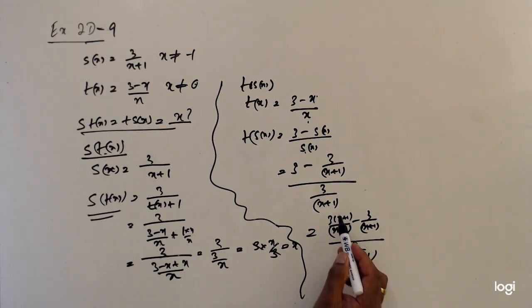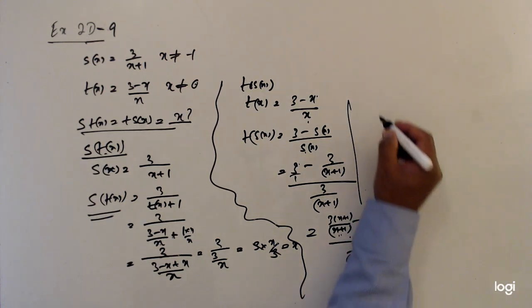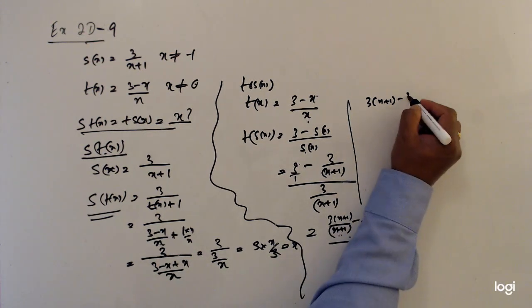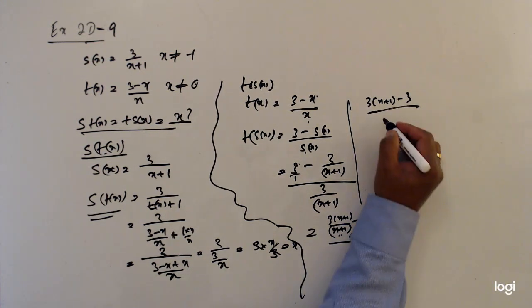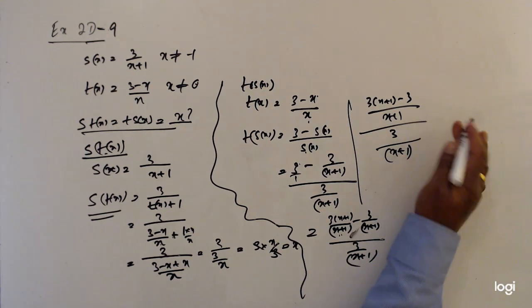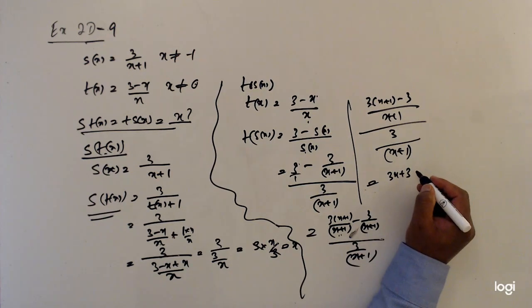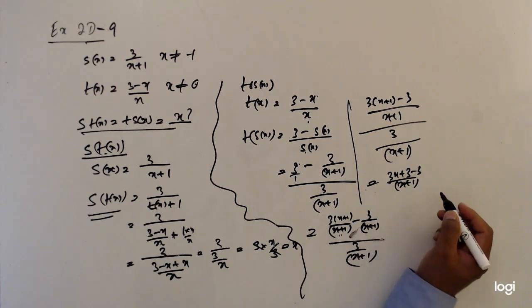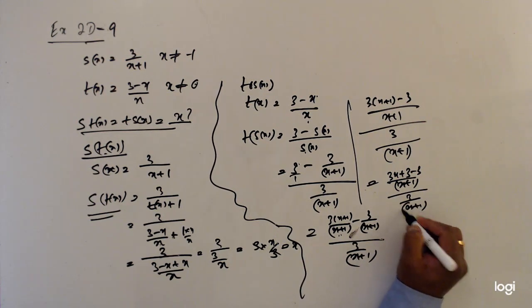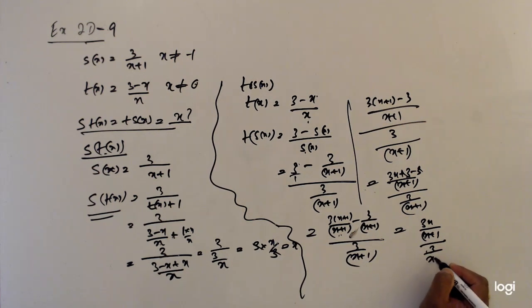Now you can see that I'm going to make the denominator the same: 3(x plus 1) minus 3 over x plus 1, divided by 3 over x plus 1.